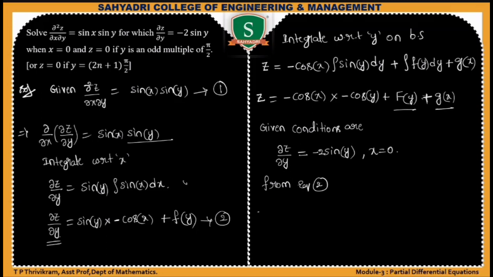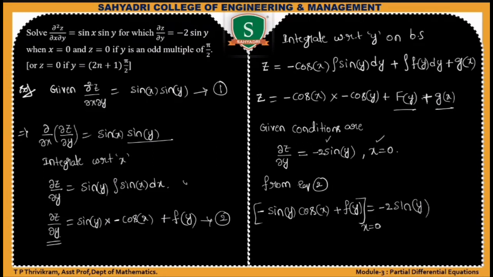What happens? Minus sin y cos x plus f of y is equal to, on the right hand side, minus 2 sin y. On the left hand side we have to take x equal to 0, since they have given two conditions at a time.